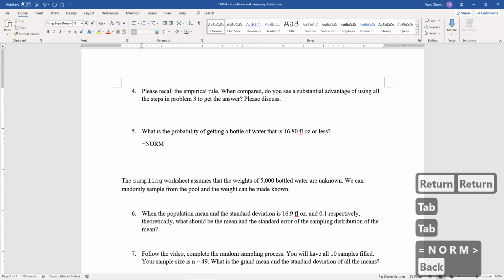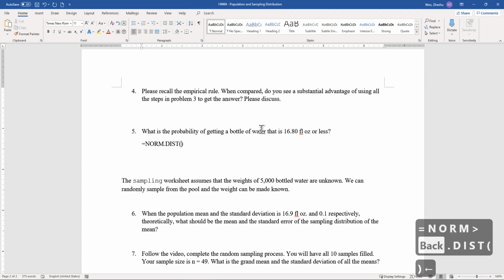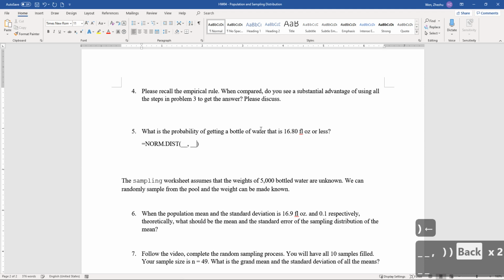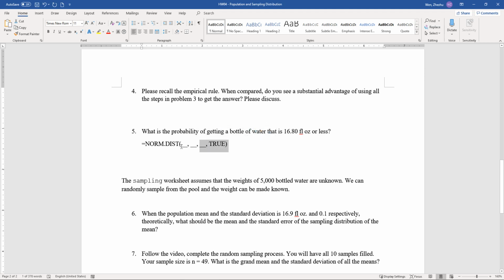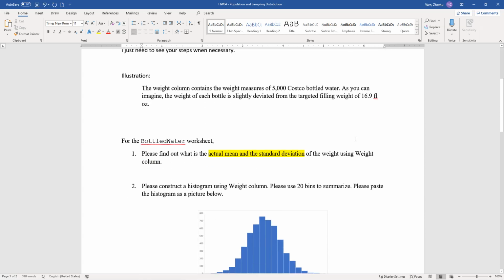Since I'm so kind, I'll leave the rest in your good hands. The last one is always true. You probably need the average and standard deviation here. For that one, please use whatever you have obtained here in step 1.